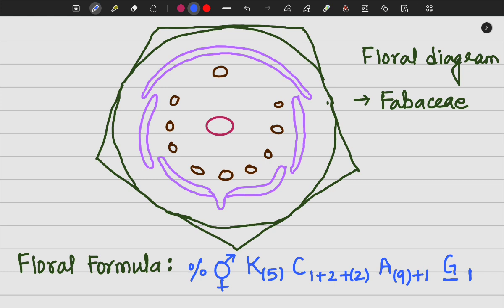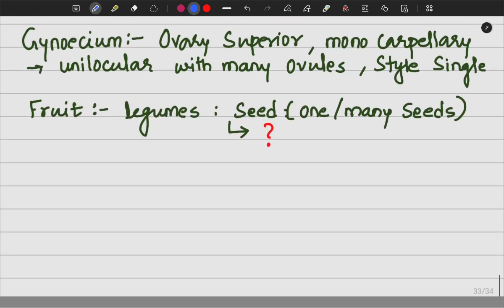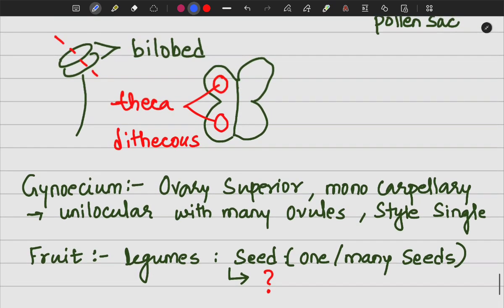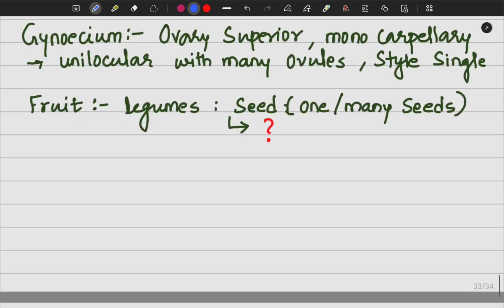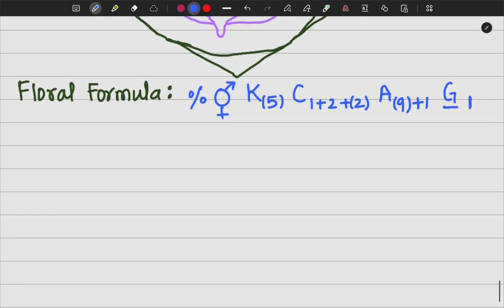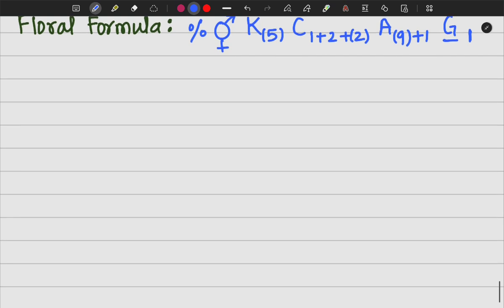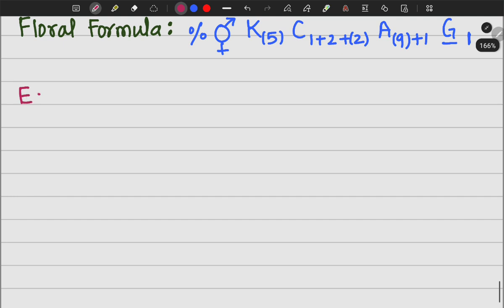So I hope everything about the Fabaceae family is clear. We covered the floral formula, floral diagram, vegetative and floral characters. Now let us learn about some important examples of Fabaceae family along with their economic importance.